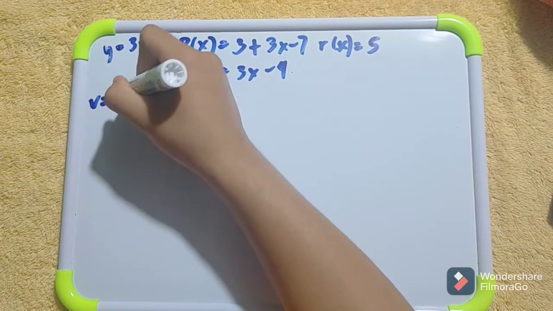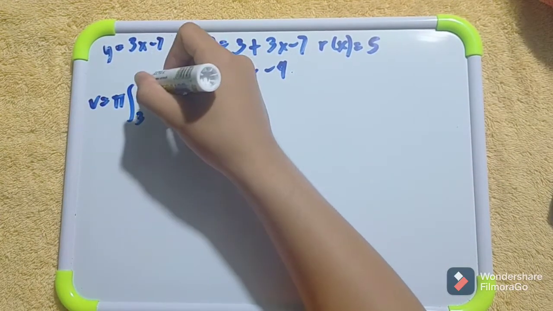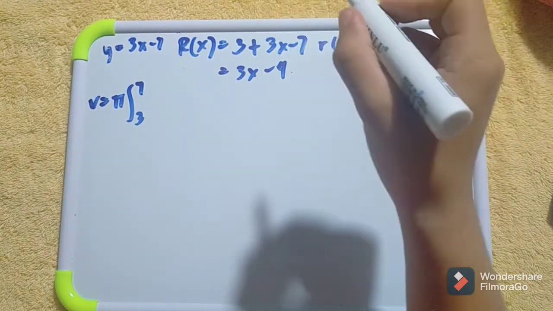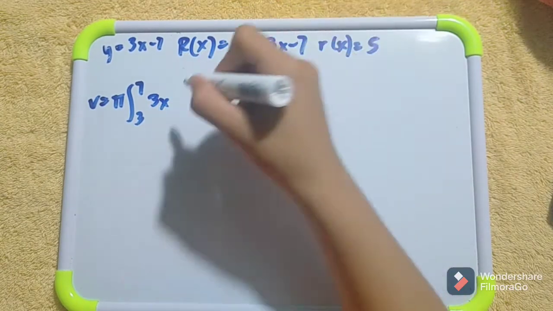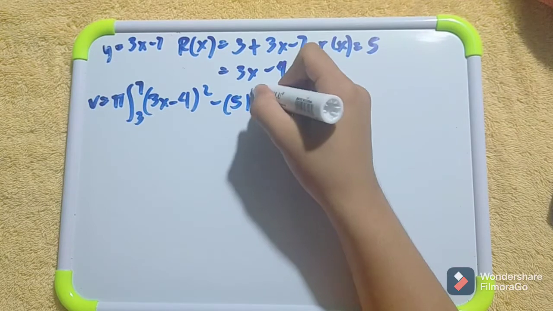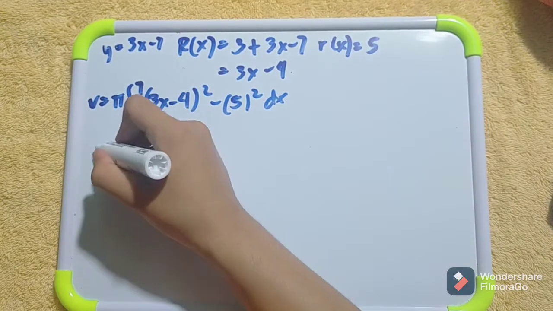So, volume is equal to pi times the integral 3 to 7. Yung outer radius natin is (3x minus 4) squared minus 5 squared dx.